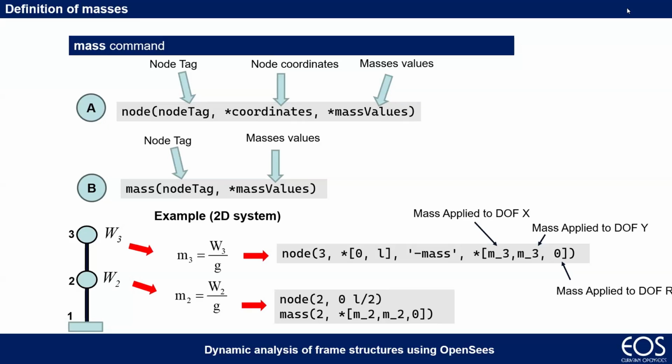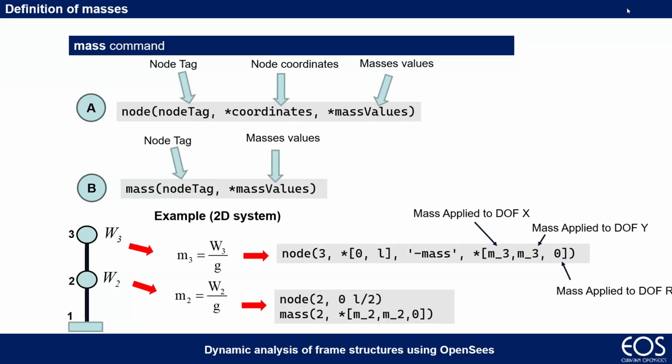Approach number 2. For example, if we have to do this structure here, okay? We can do it in this way, okay? When we define the node 3, we assign the position, the coordinates, okay?